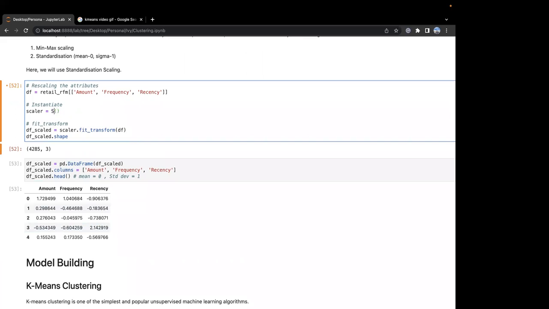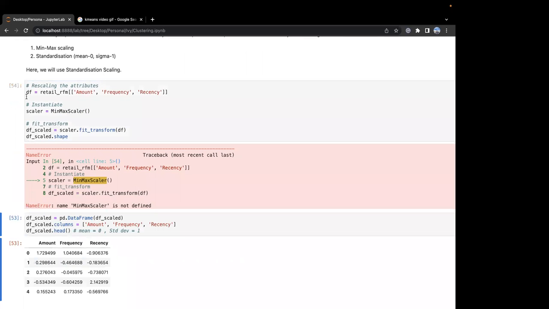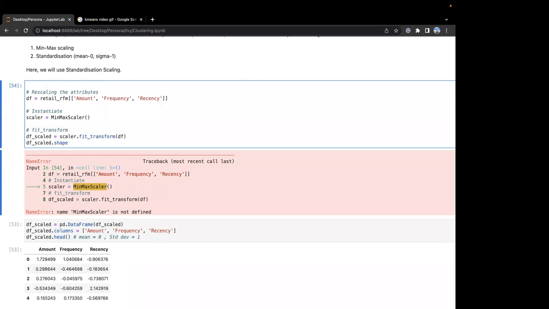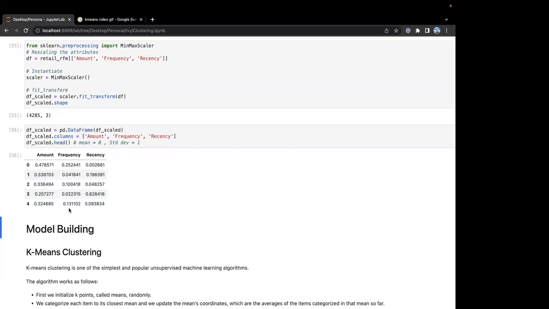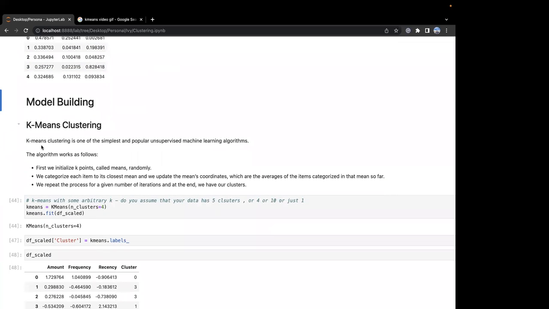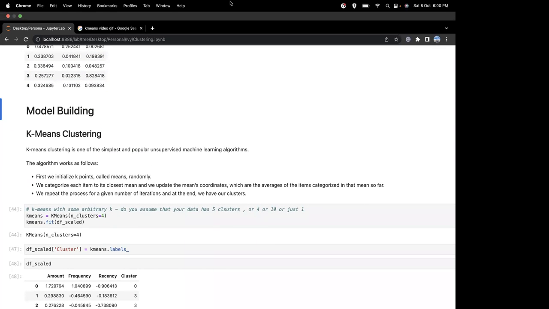If you want to see that as an example, I'll quickly show you. Right now, every value is between 0 to 1. Okay? After you've scaled your data, then you are going to implement your k-means clustering model.